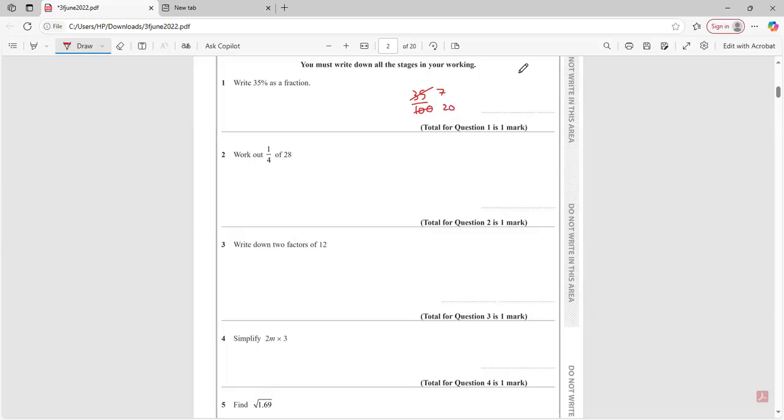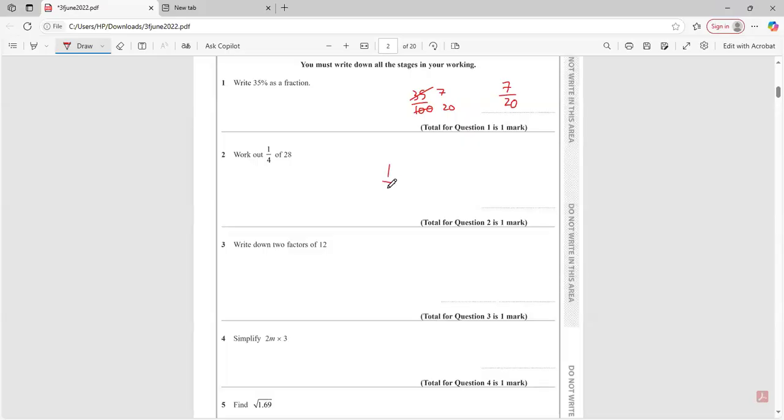So we have 7 over 20. That's 35% as a fraction.